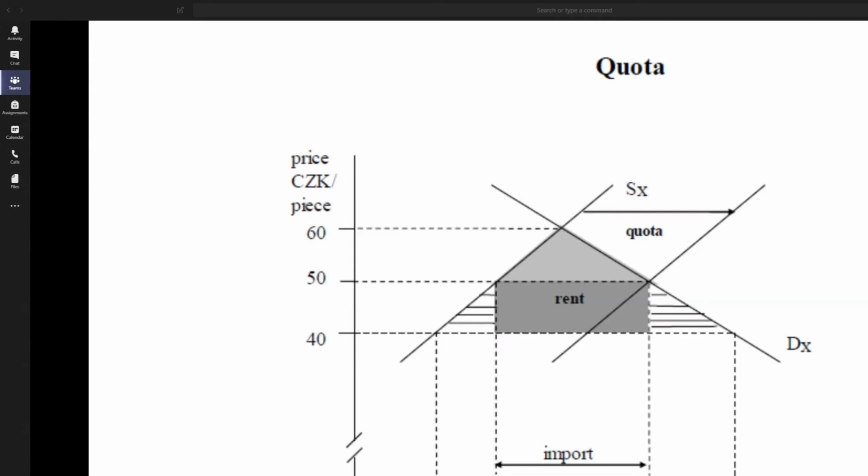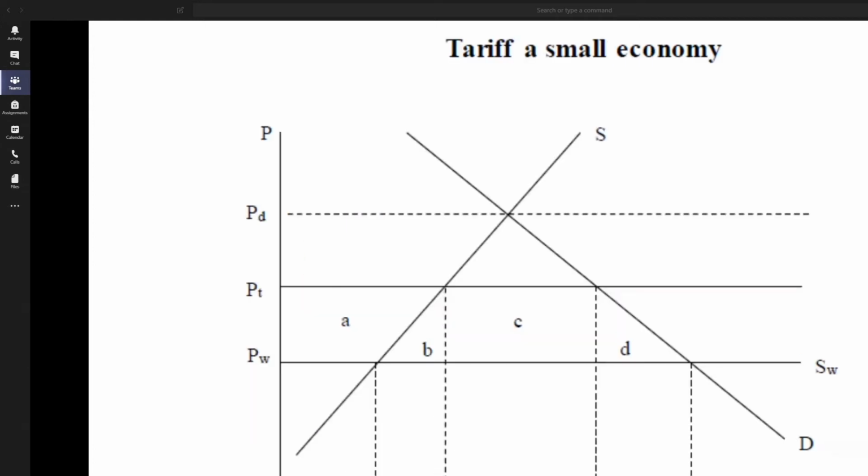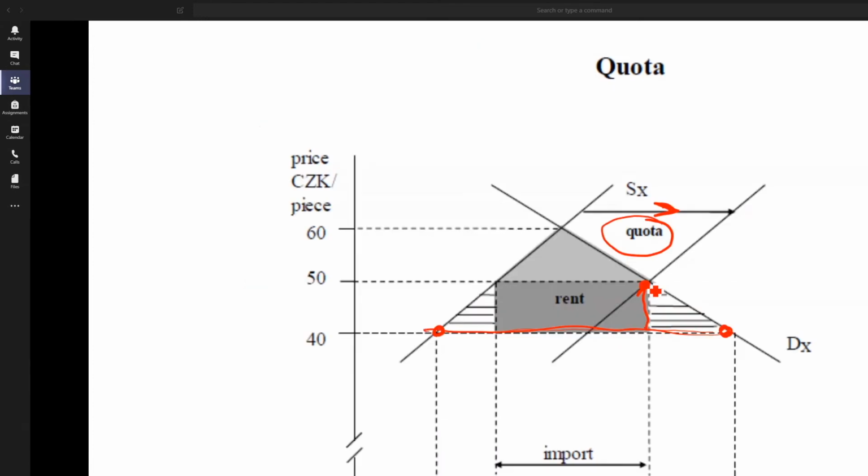And what happened? There is a shortage in the market, 500 still, and this shortage will push the price up to 50. Once more, there is no money collected by the state, as in the case of the tariff duty.